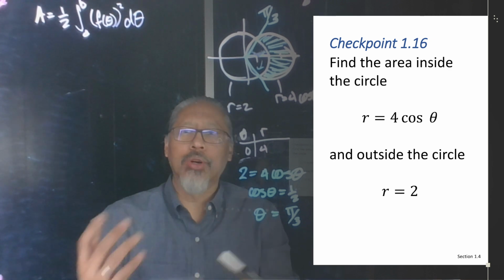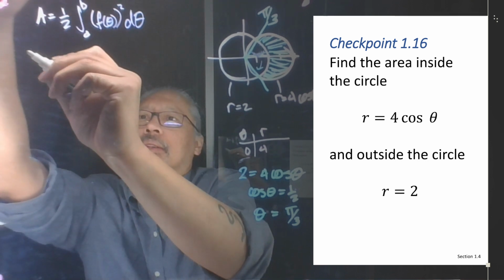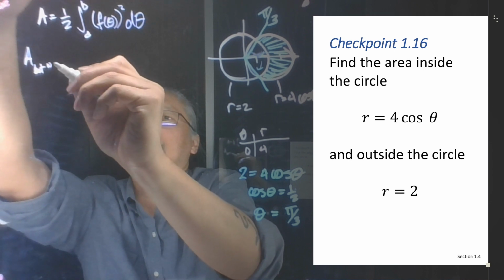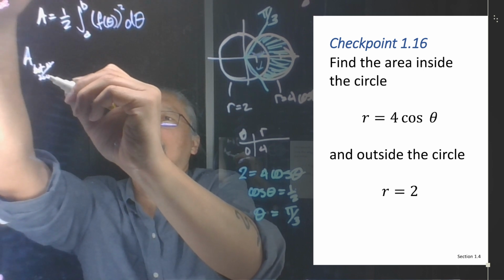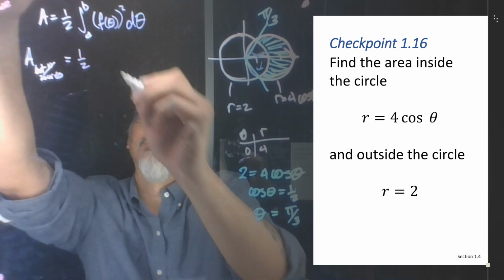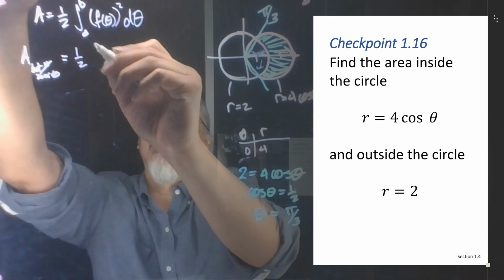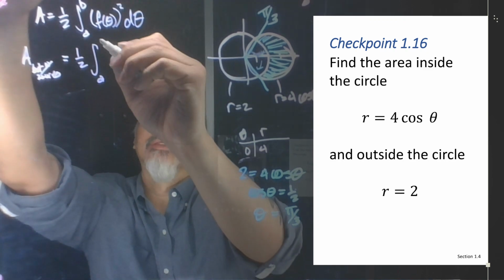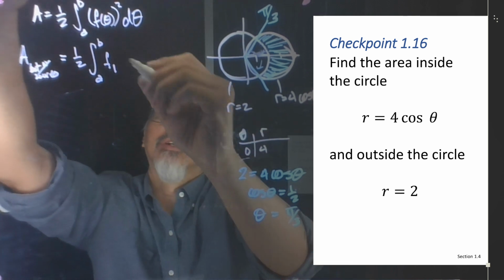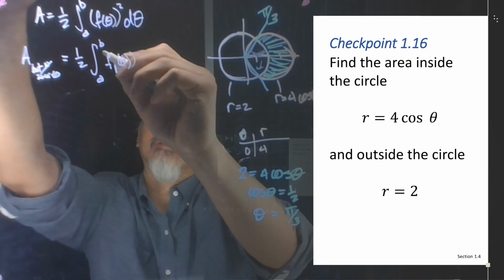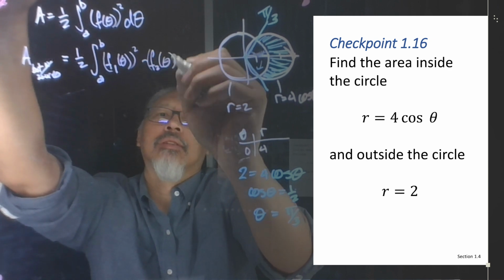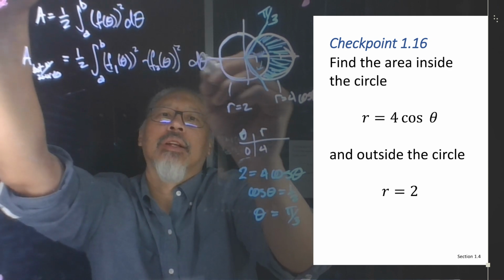Well, they're both going to have a 1/2, and so for the area between two curves, the 1/2 will factor out, and then we have common angles, and we have the bigger function minus the smaller function, d theta.